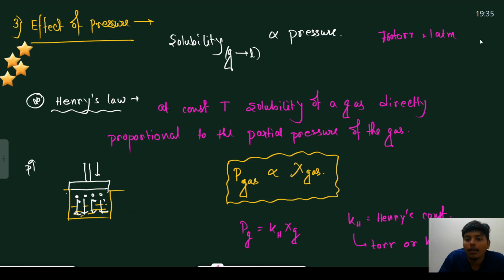And 1 bar means 1.013 atmosphere. Clear? And kilobar means 10 power 3 bar. 1 kilobar means 10 power 3 bar.